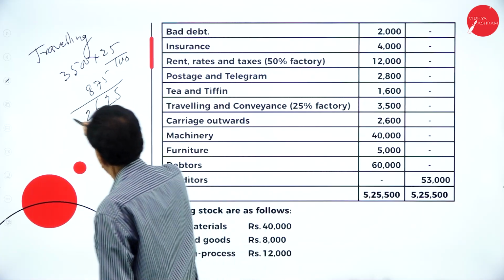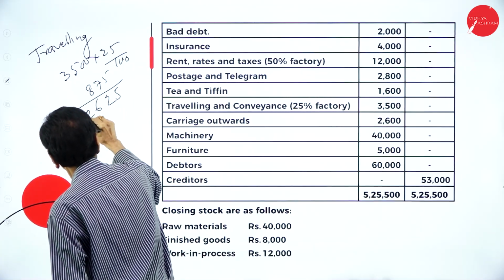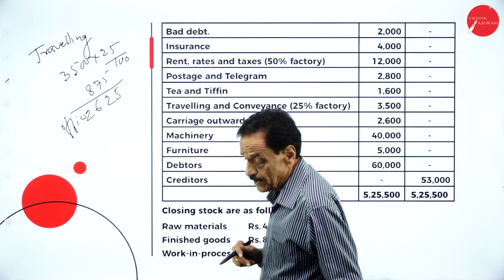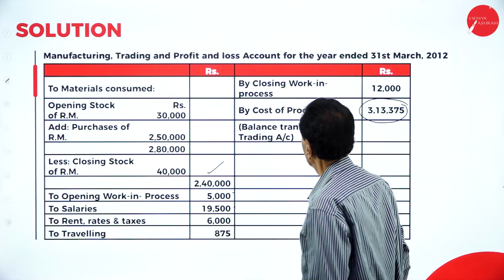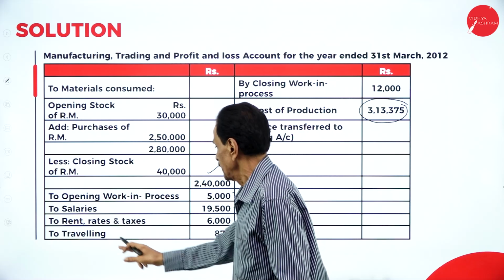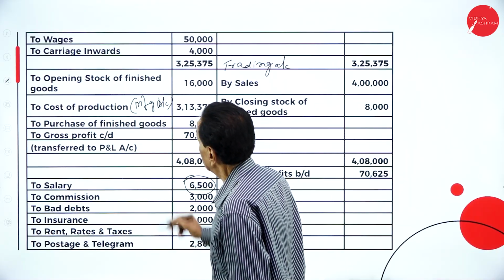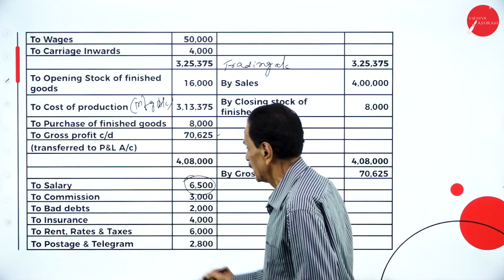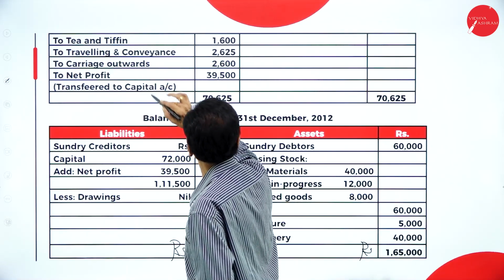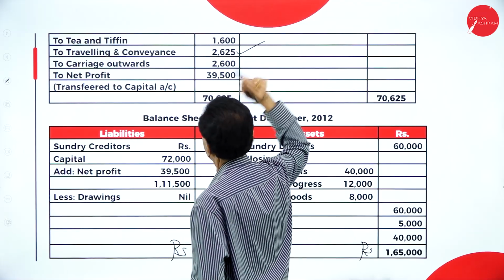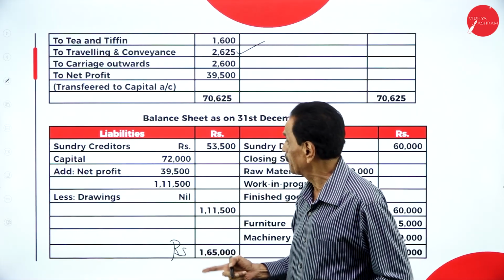See that, 875 is traveling here. The remaining balance, 2,625, comes back here in traveling.